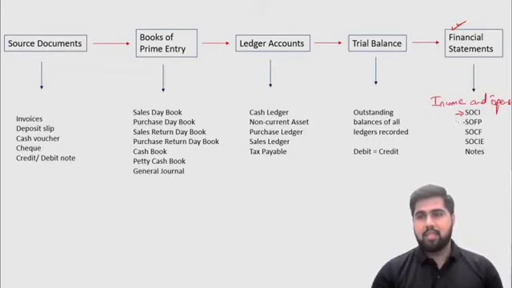SOFP, Statement of Financial Position, is assets equals capital plus liability. Right? SOCF, Statement of Cash Flows. It's basically how much cash the company has earned.